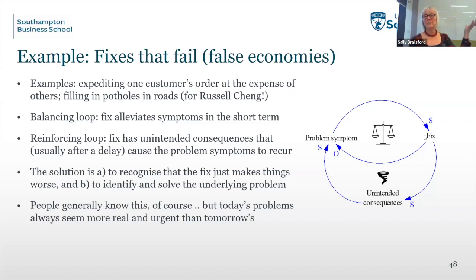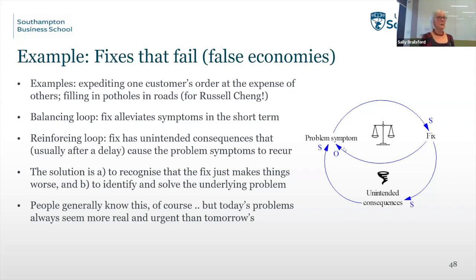So the more problems you have, the more you need the fix. You do the fix, and then the opposite happens: the problems get less. So you've got what's called a balancing loop in SD. It alleviates the symptoms in the short term, but you have unintended consequences in the slightly longer term, and those cause the problem symptoms to recur.